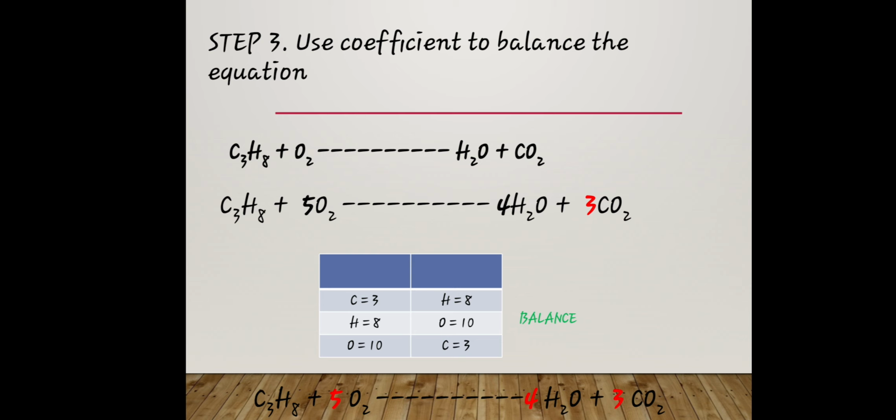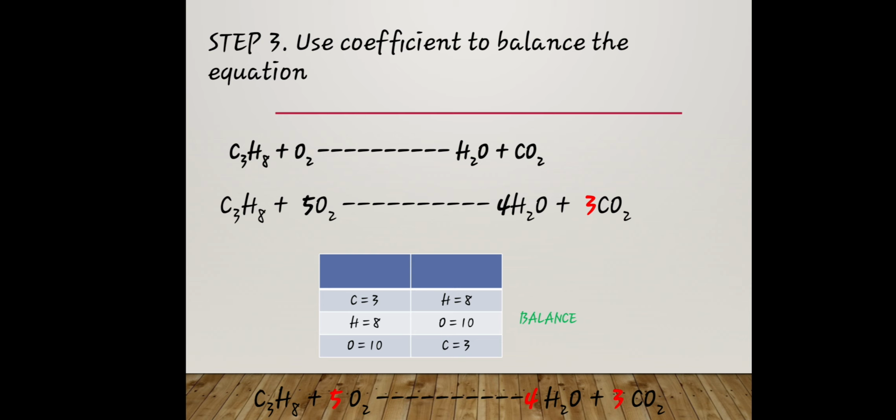Always remember that in putting a coefficient, it does not only affect the single element, it also affects the other element in the equation. So that's why with the 4 and 3 coefficients here, oxygen is affected.